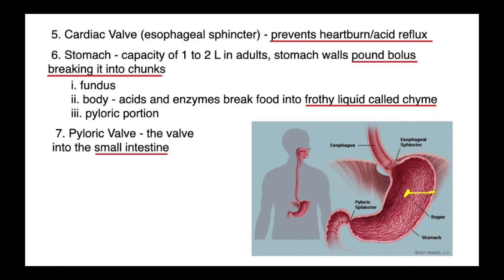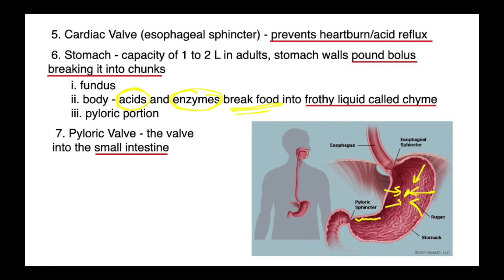And then your stomach actually starts pounding the food, punching it, breaking it up further. And of course, inside the stomach is acid and enzymes, and that begins to break the food, and it turns into just kind of a liquidy grossness.